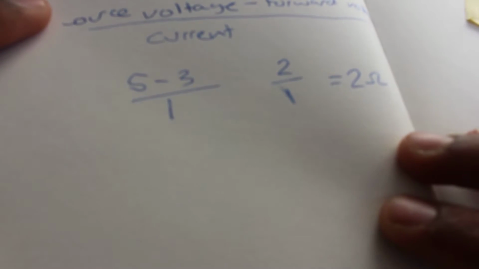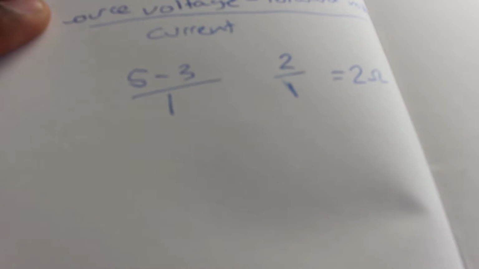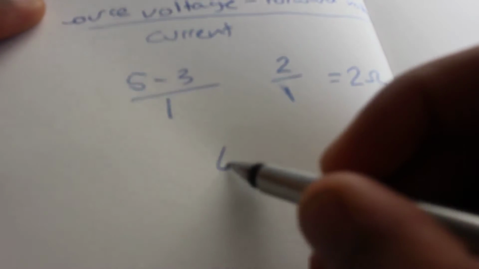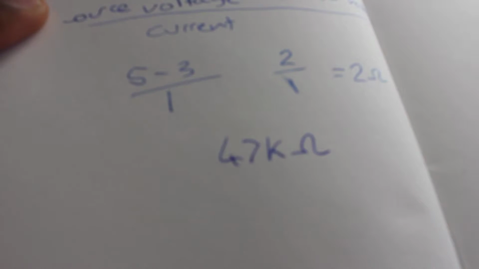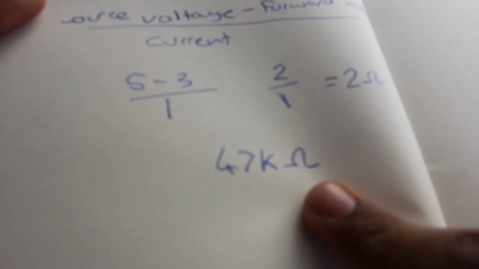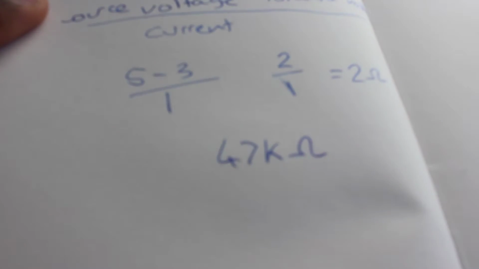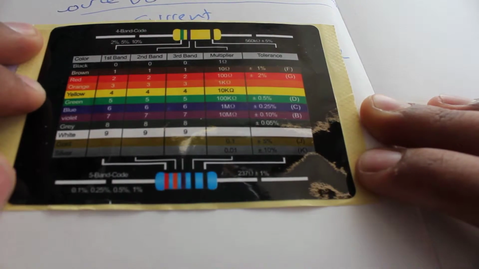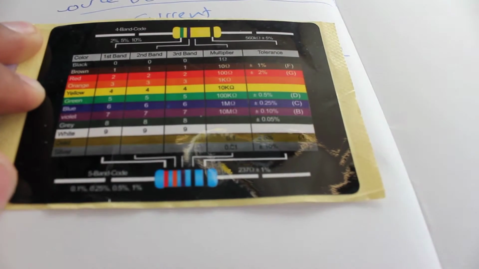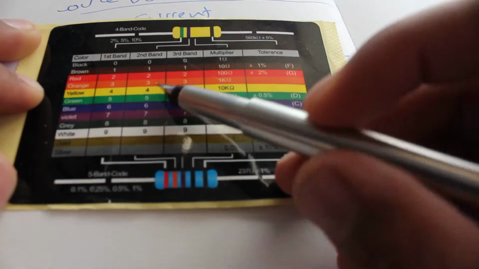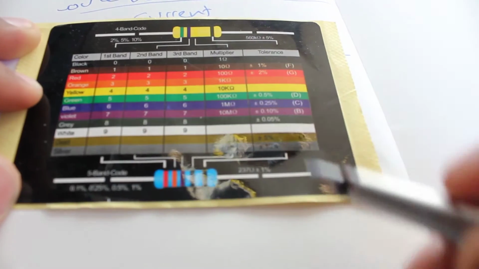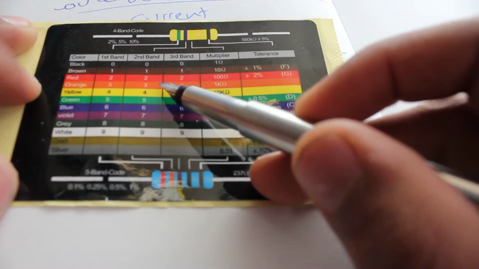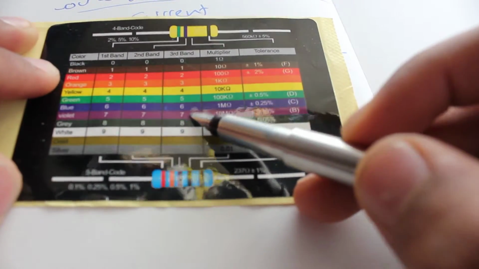For this I'm going to take a resistance value of, say, 47 kilo ohms, and I want to find the bands on it. I look at this sheet and I want 47. Yellow is 4, so I take yellow. 7 is violet.